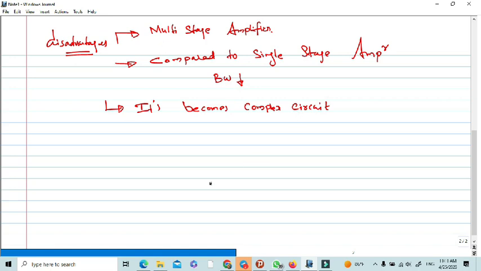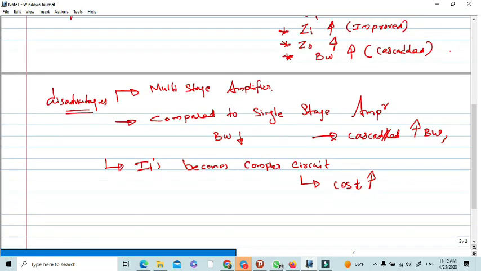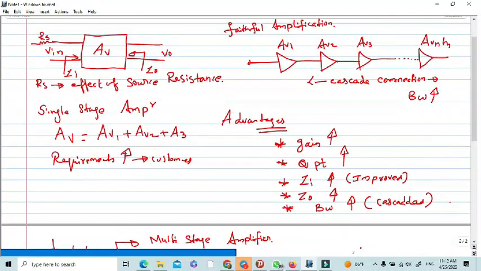Bandwidth is also reduced for all, except the special case of cascaded, where the bandwidth is going to increase. So for all the remaining types, bandwidth is reduced because of complex circuits. And if it is complex, cost is also going to increase. So these are the important terms for multi-stage amplifier advantages and disadvantages.